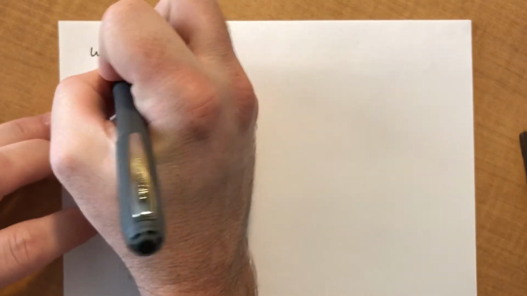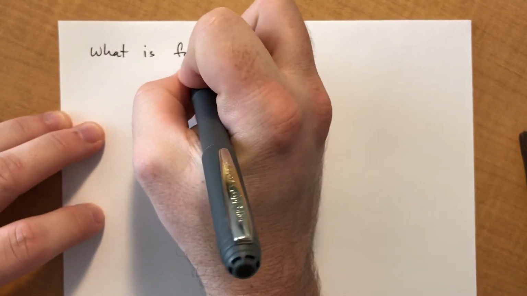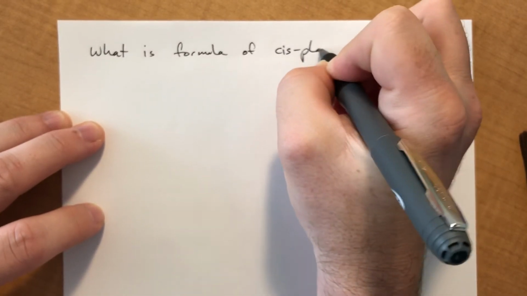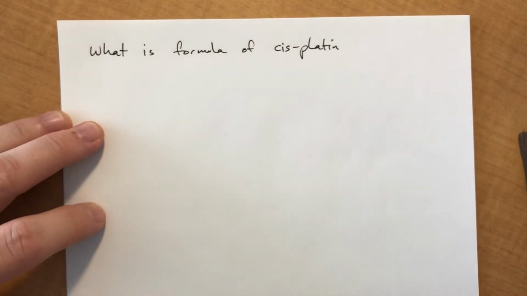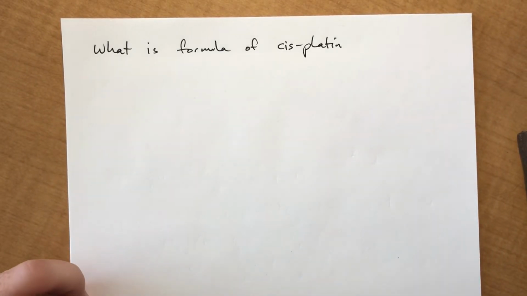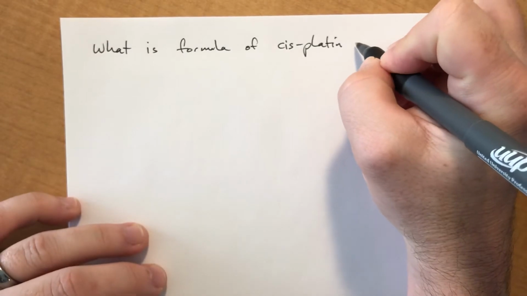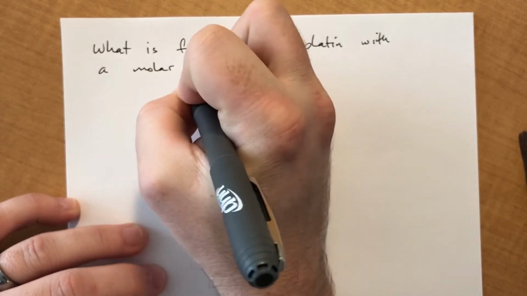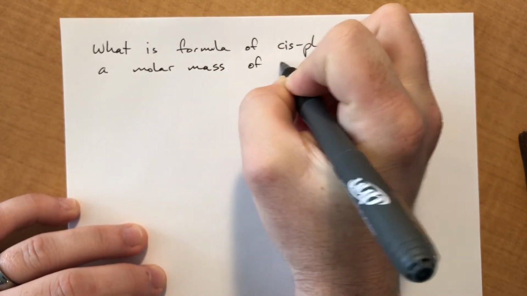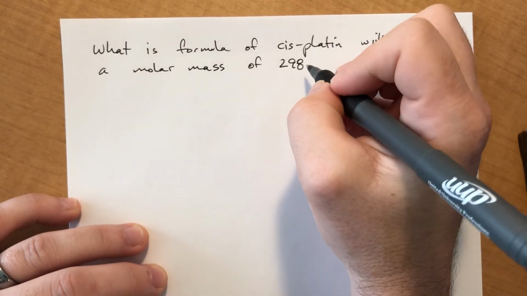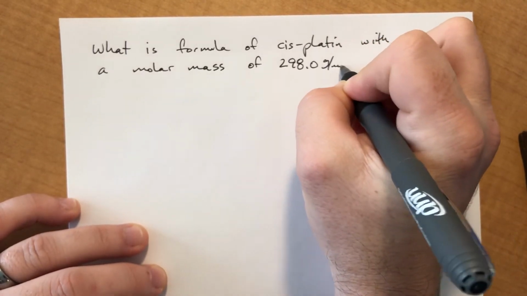Okay, we want to know what is the formula of cisplatin. It is actually an anti-cancer drug. I might talk at the end a little bit about how that works. It has a molar mass of 298.0 grams per mole.